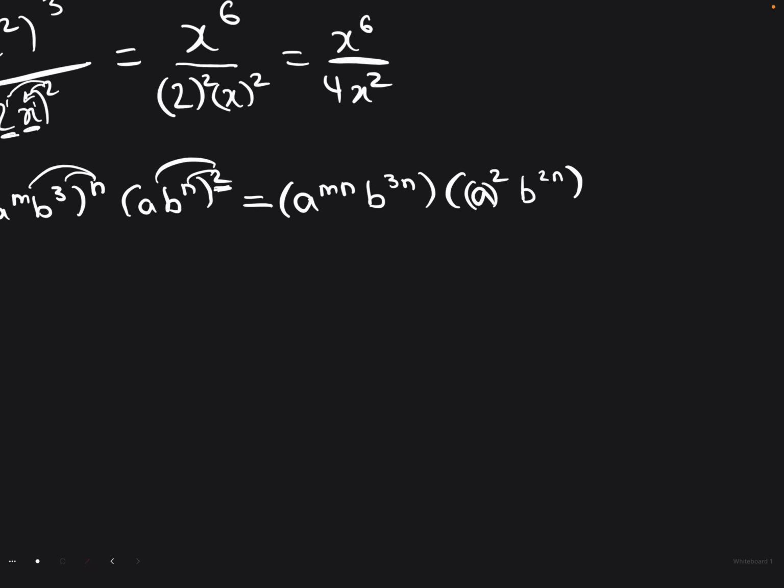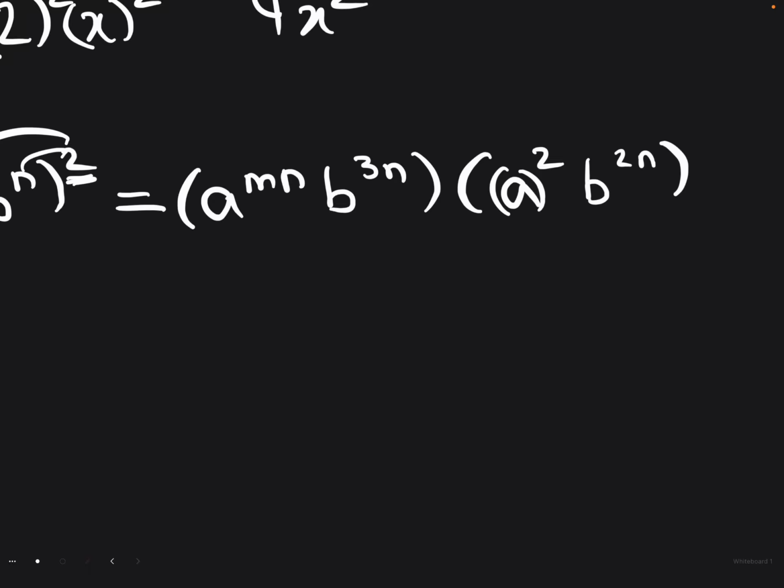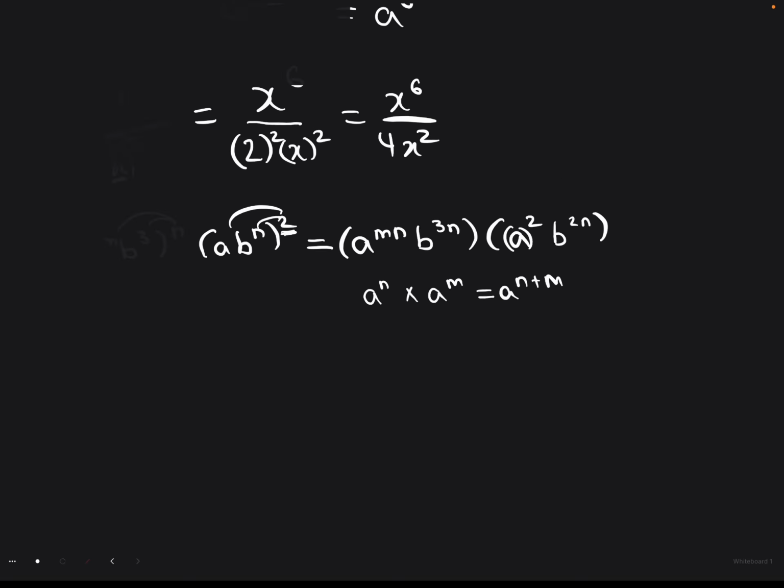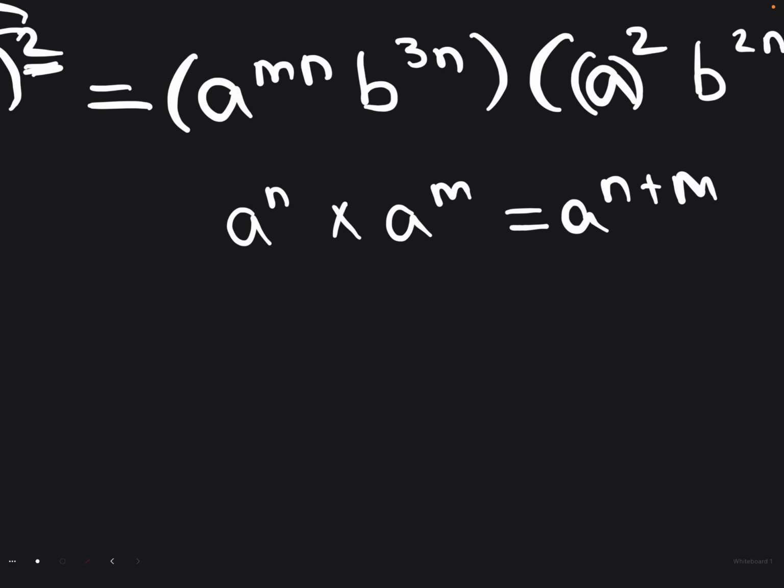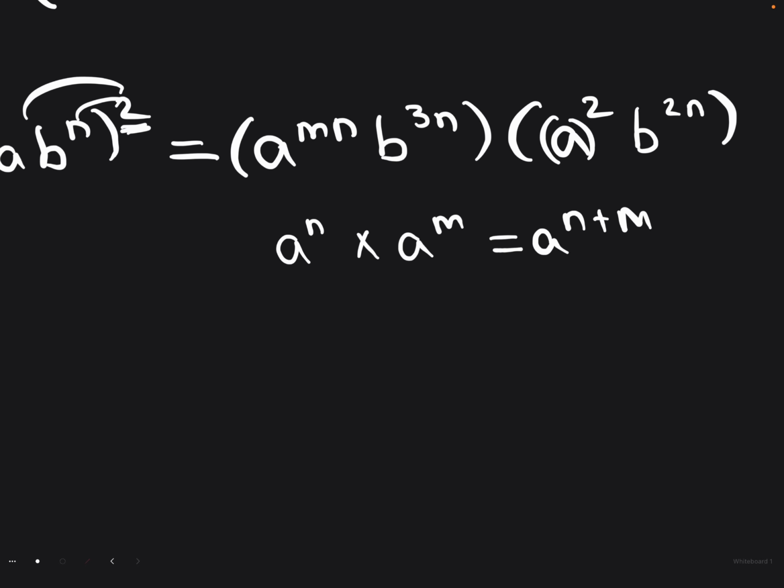Now here we'll apply the law of multiplication for exponents, which is a to the n into a to the m equals a to the n plus m. We can see that these are getting multiplied with each other, so we want to make sure that we apply this rule to the coefficients with the same base.